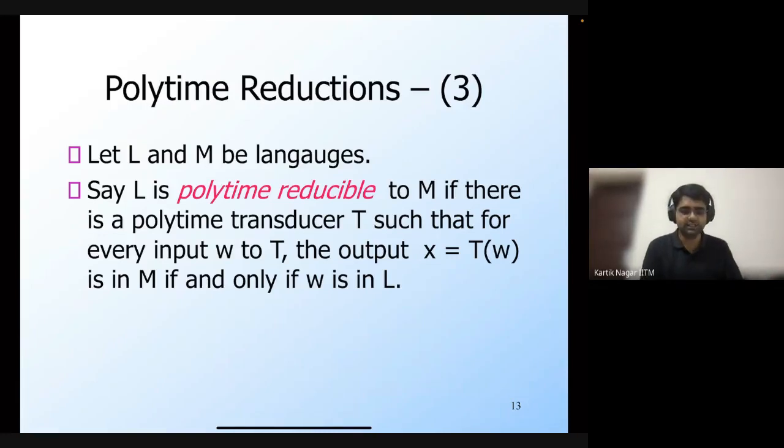If L and M are languages, then L is polynomial time reducible to M if there is a polytime transducer T, such that for every input W to T, the output X, which is equal to T of W, is in M if and only if W is in L. So basically, we are reducing instances in L to instances in M. We say that W is in L if and only if X is in M. This way, if we have an algorithm for M, then we also have an algorithm for L.